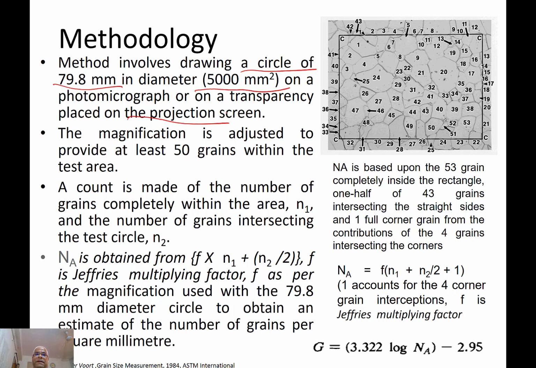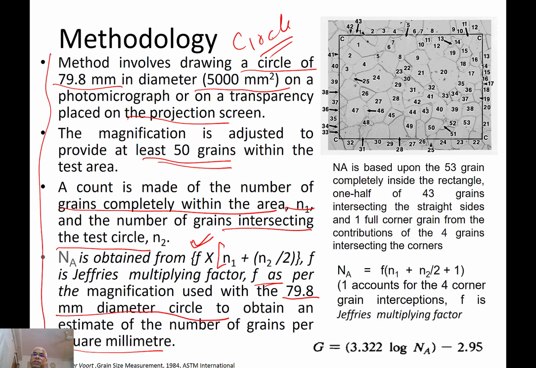In this method, the magnification can be adjusted in such a way that at least 50 grains are there in the test area, and the count is made of the number of grains which are completely within the area, that is n1, and the number of grains intersected by the test circle. That's what I have already explained. And NA is obtained from f, the multiplying factor that takes care of the magnification, and this value of f is identified as per the magnification.